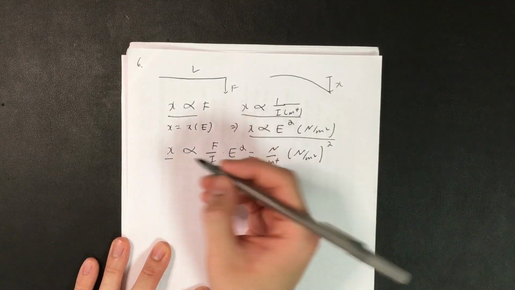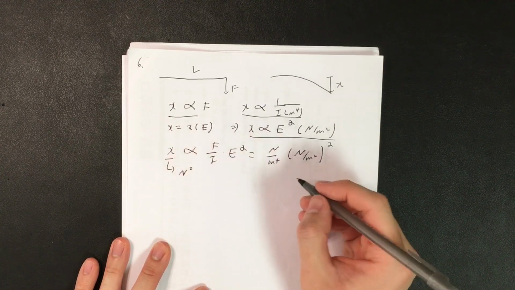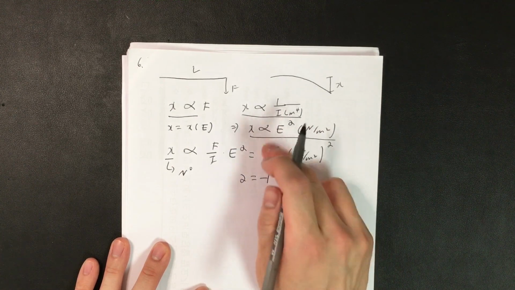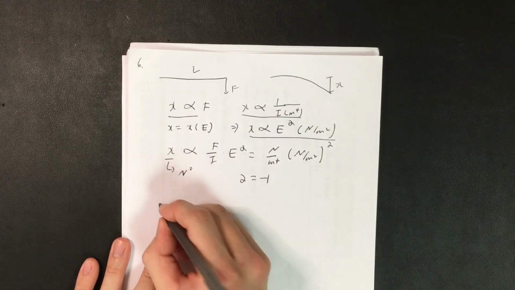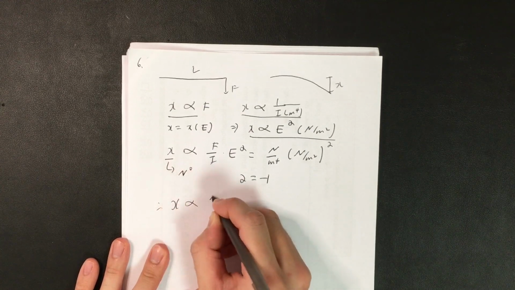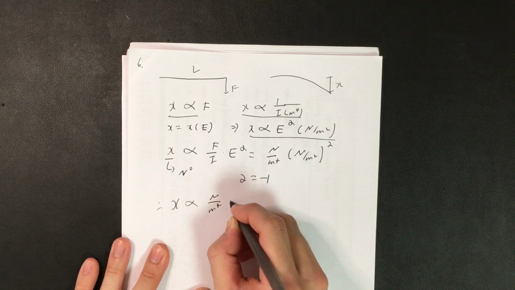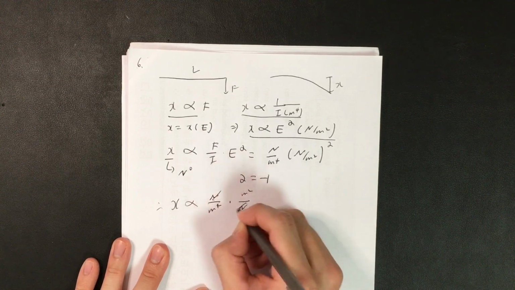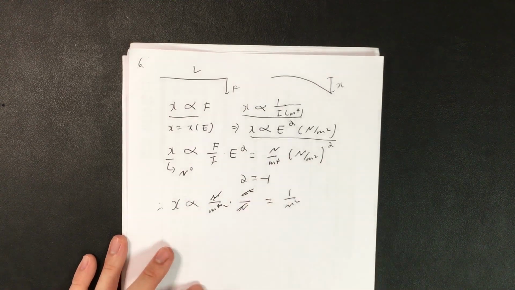But since x is a distance, the power of the unit Newton must be 0, in which alpha must equal -1 in order to cancel out the Newton unit from the force. Therefore, x is proportional to Newton over meter to the 4th power times meter squared over Newton, in which canceling out the Newton and the meters, this equals 1 over meter squared.